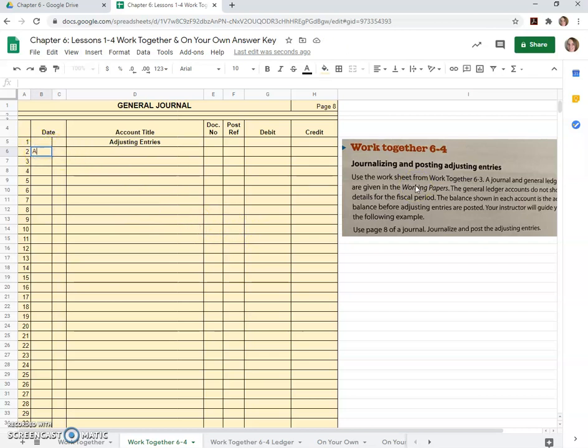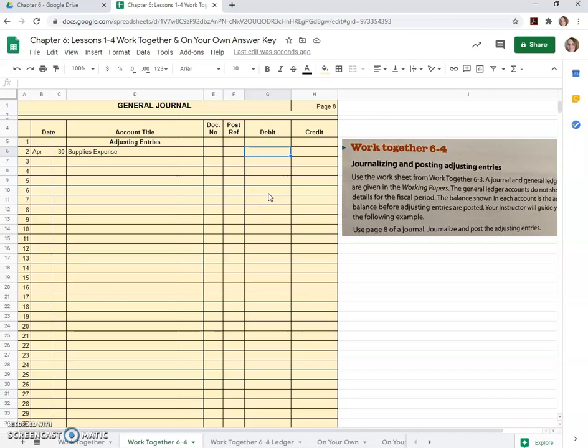So the day was April 30th, or APR. Tab over to 30. And our first one was supplies. So the debited amount is actually the expense. Supplies expense, and there is no number on this because obviously we didn't write a check or anything like that.